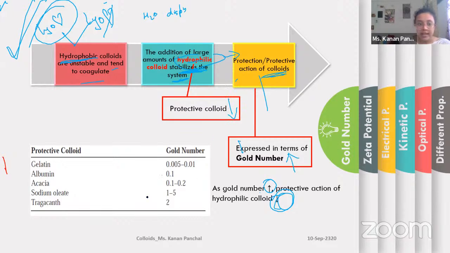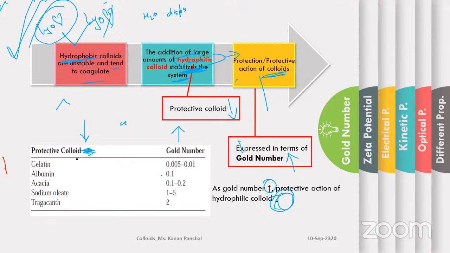So in this example, tell me which protective colloid has the highest action. जितना गोल्ड नंबर ज्यादा होगा उतना प्रोटेक्टिव एक्शन कम होगा. So tell me which protective colloid here has the maximum protective action.